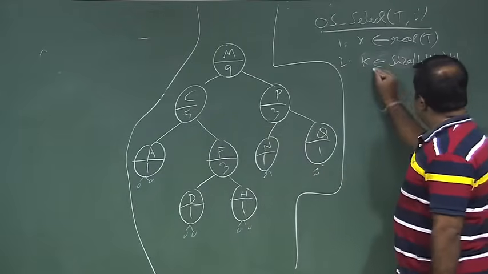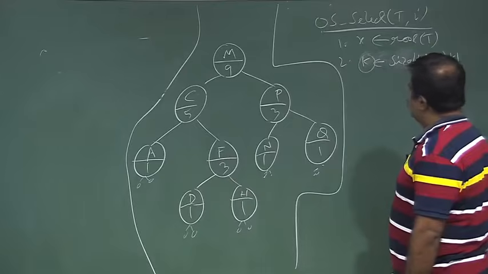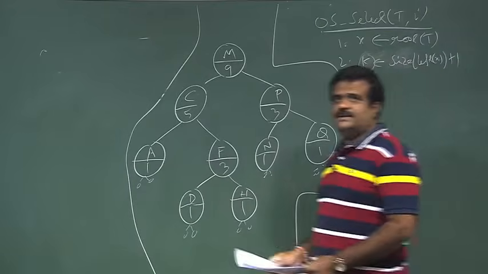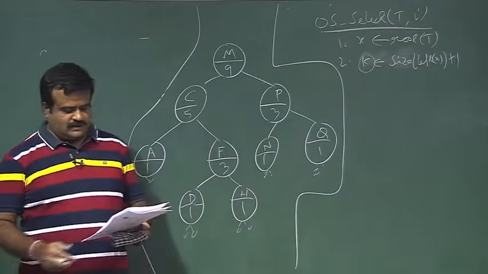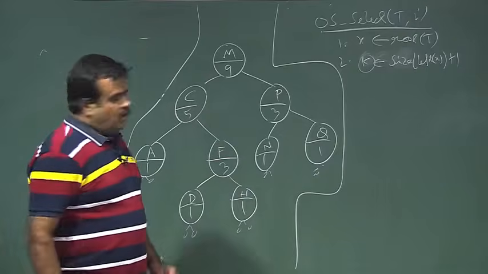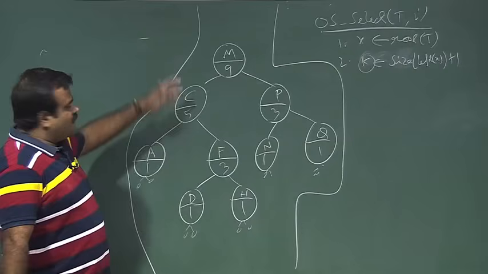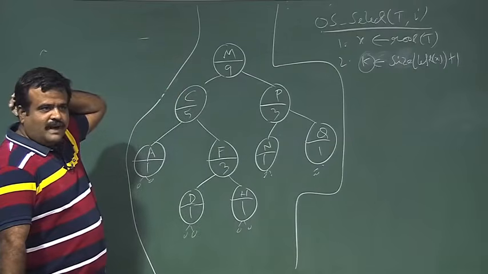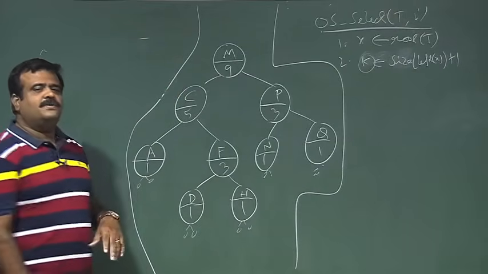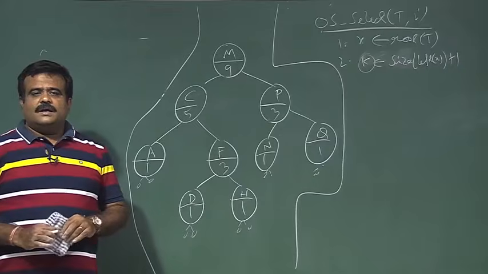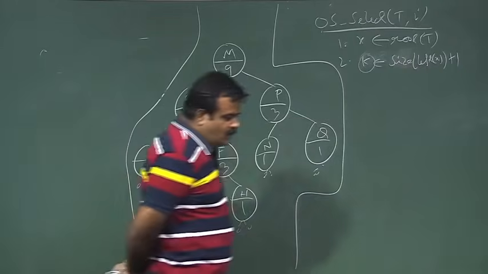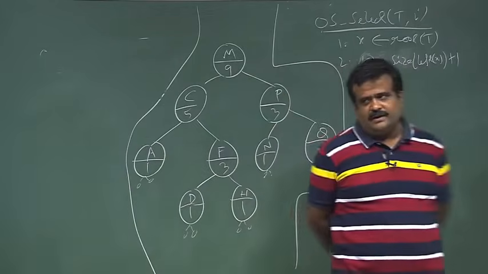So, what does this k mean? k is basically denoting the rank of x. Okay, why is k the rank of x? Because this is a red black tree, and a red black tree is a binary search tree. If it is a binary search tree, then the in-order traversal will give us the sorted array.